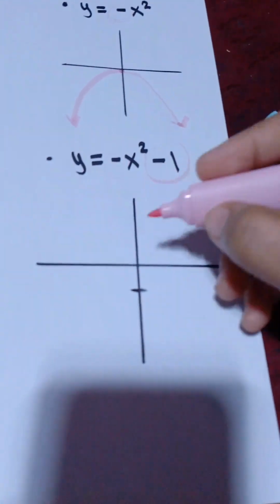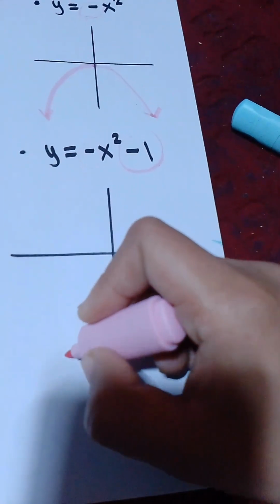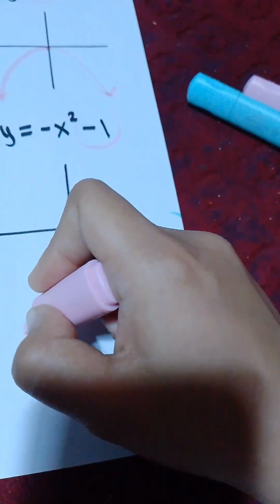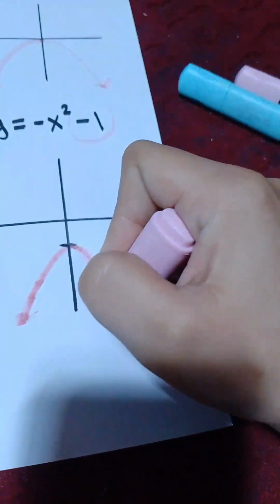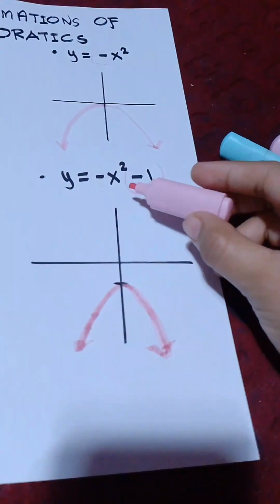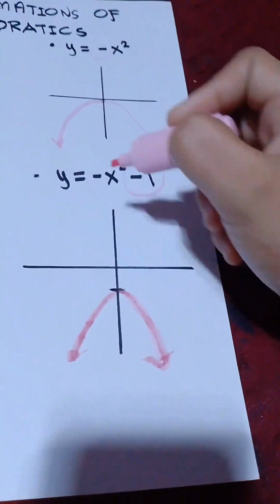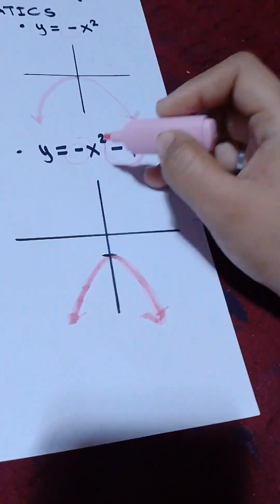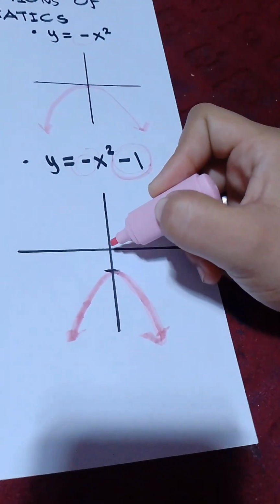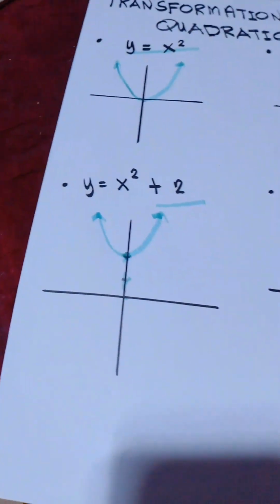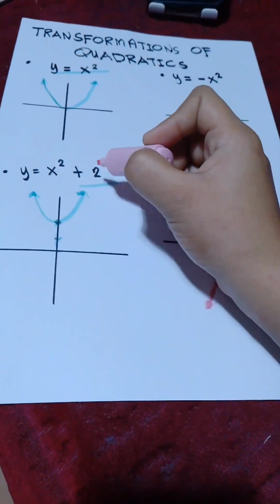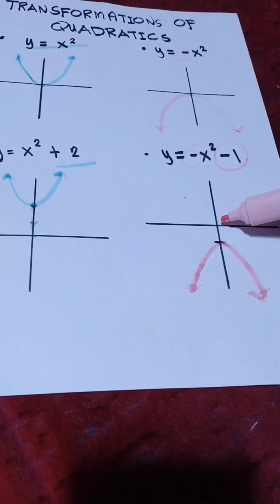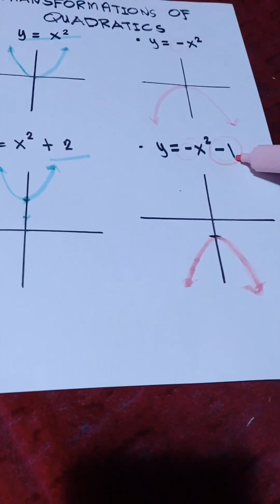Since it's negative, we're going to graph this looking something like this, opening downward. And we also have another attachment of minus 1. Let's compare these two. It's positive, we're going upward, but it's negative 1, so we're going downward 1.